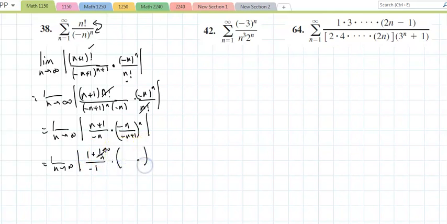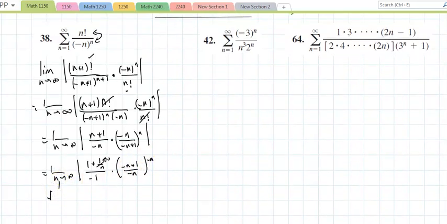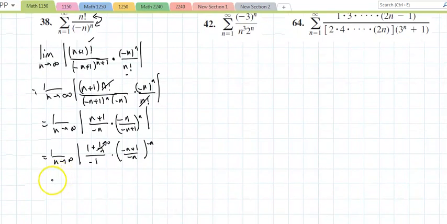I don't know how much you're going to like that. I'm going to flip this. I'm going to say this is the limit as n approaches infinity. Well, this is 1 over negative 1, which is negative 1.